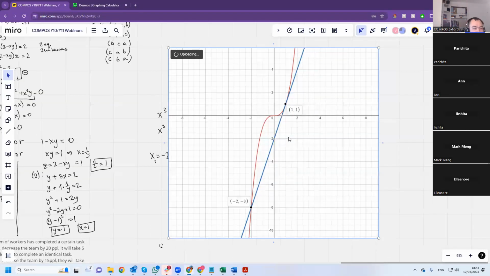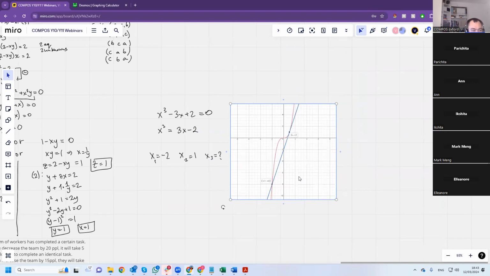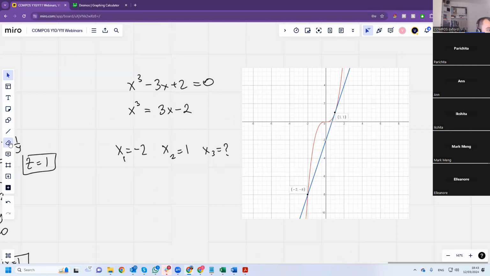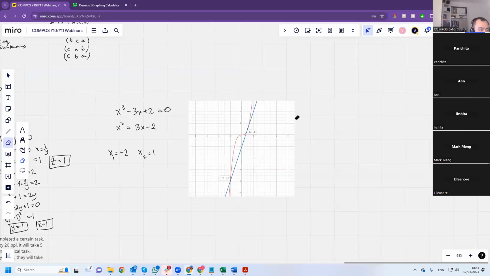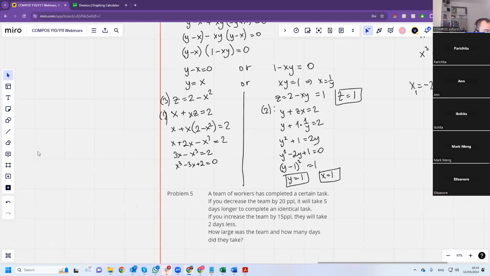There we are. Okay, we have 2 solutions. Second one is minus 2, and then very easily we can find that x is minus 2.